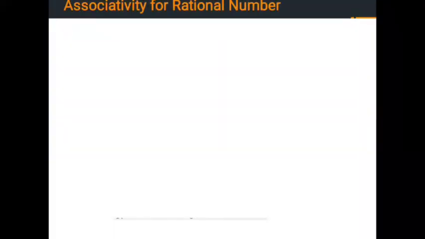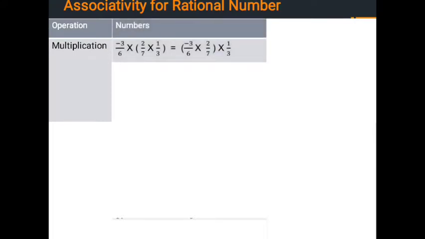Let us now check for multiplication. Negative 3 by 6 multiplied by (2 upon 7 multiplied by 1 upon 3). Let's check if this will be equal to (negative 3 upon 6 multiplied by 2 upon 7) multiplied by 1 upon 3. On the left hand side, we will first solve the bracket part.